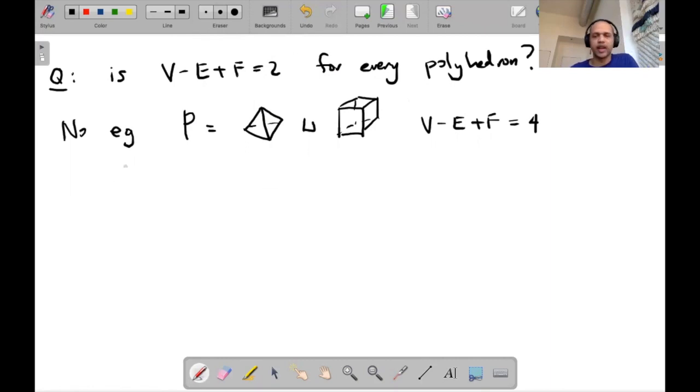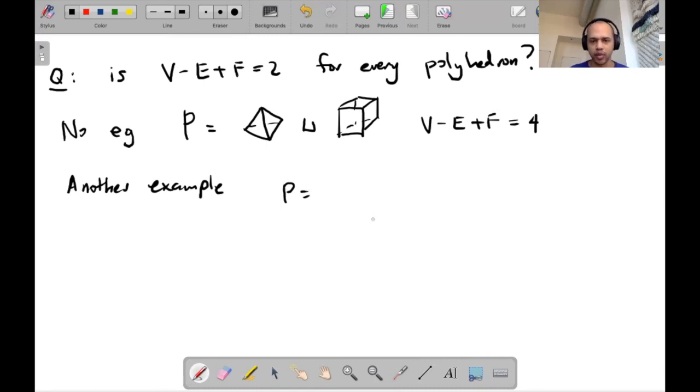You might say, well, this is sort of a silly example because this polyhedron is a union of 2 polyhedra. So maybe we should exclude that sort of thing. But here's another example where it doesn't work, where it's not a union of 2 polyhedra.